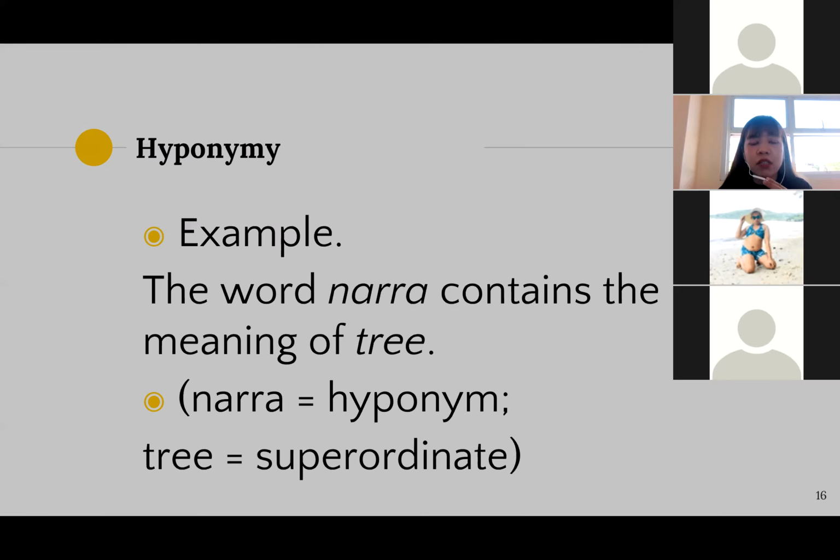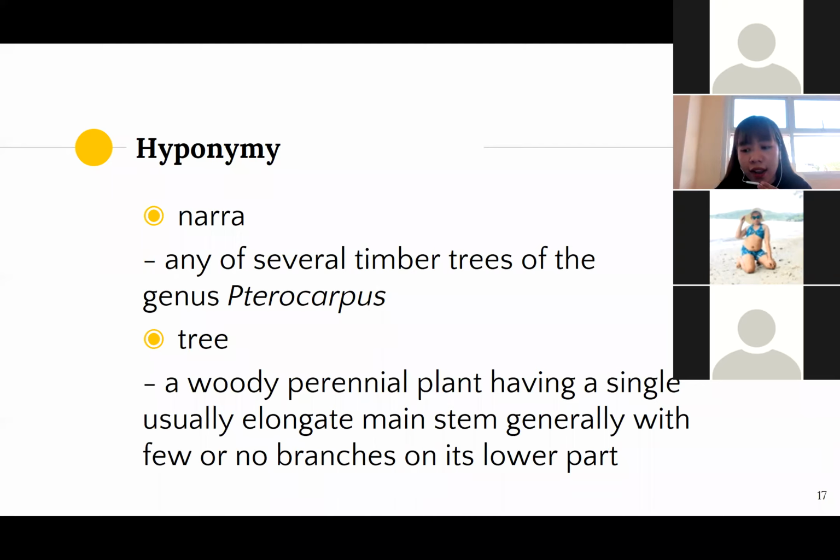So why? Because when we define Narra as a word, or if we look at its meaning, we mention the word tree: any of several timber trees of the genus Pterocarpus. But when we define tree, on the other hand, a woody perennial plant having a single, usually elongated main stem, generally with few or no branches on its lower part.